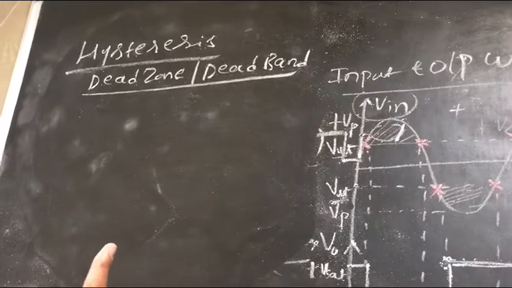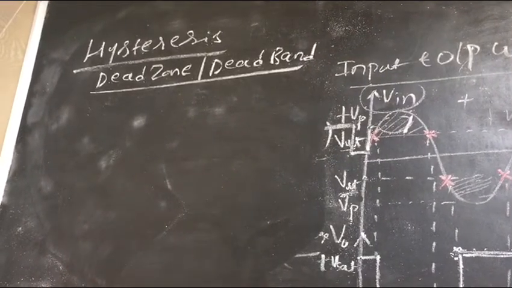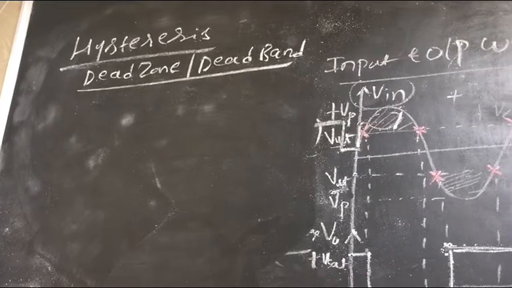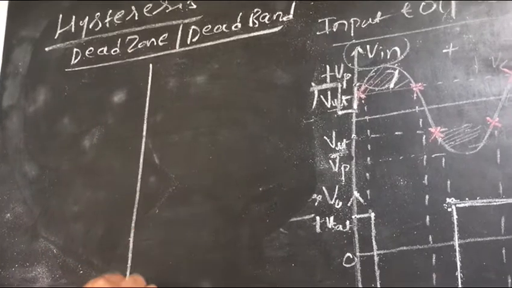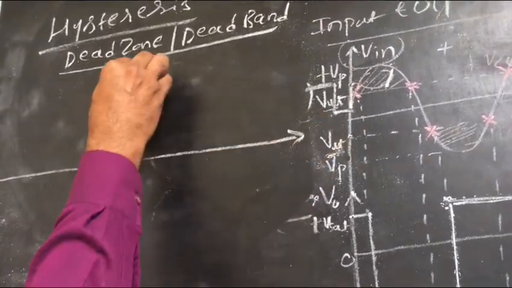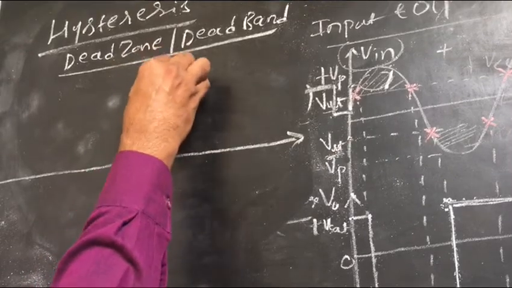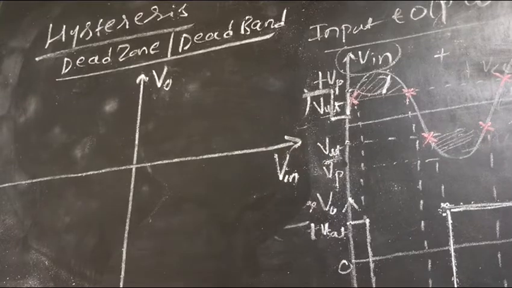It is nothing but the transfer curve, like that of the clamping or clipping circuits we studied in our previous subjects. To draw the hysteresis curve or hysteresis graph of the Schmitt trigger, I'm going to take the y direction as the V0 axis and x as the Vin axis, the input axis.